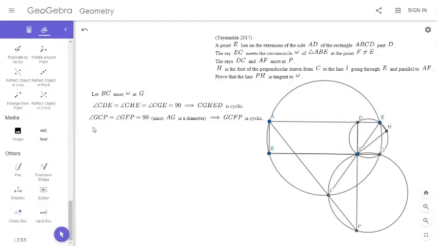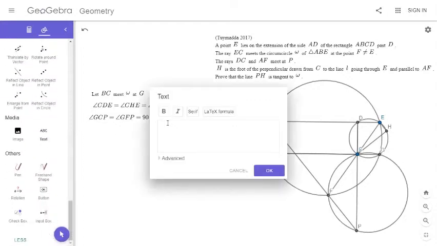So we have angle PGA, or angle PGC, is equal to angle CFA, is equal to angle EFA, is equal to angle EGA.